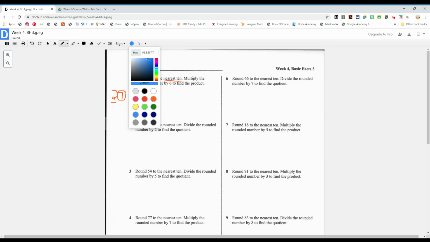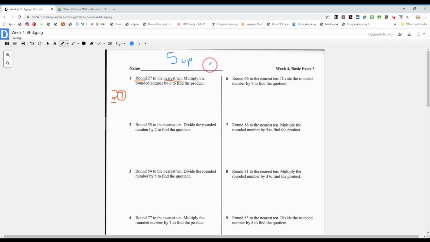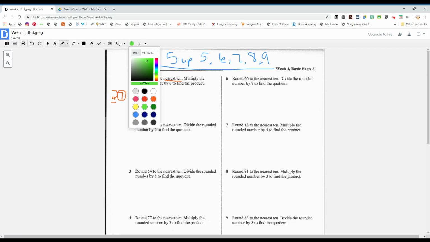We say 5 and up, which is your 5, 6, 7, 8, 9. You bump it up. But if it's 4 or less, you're going to let it rest.